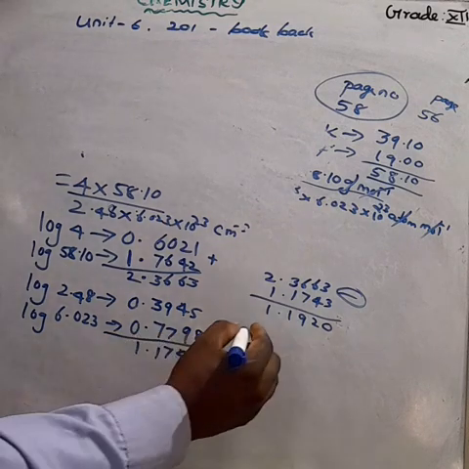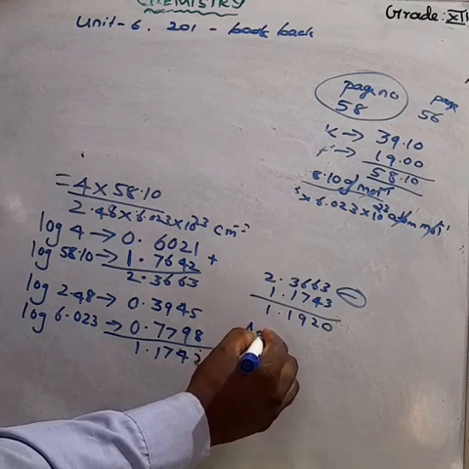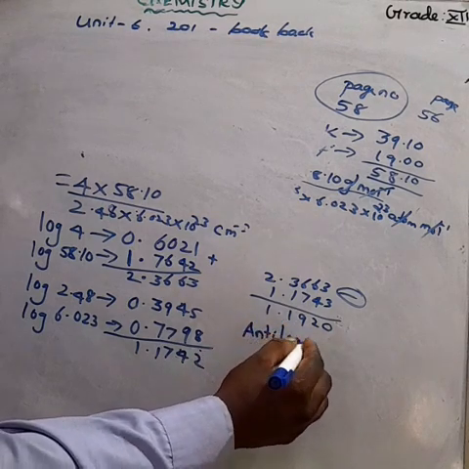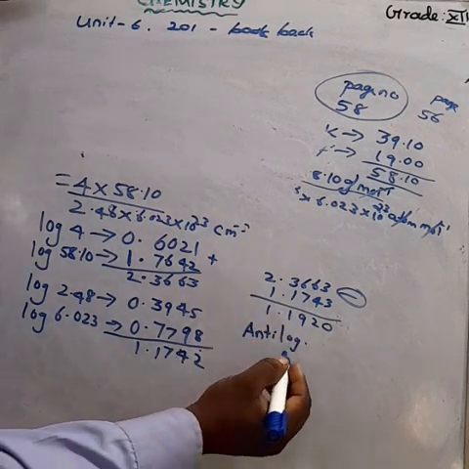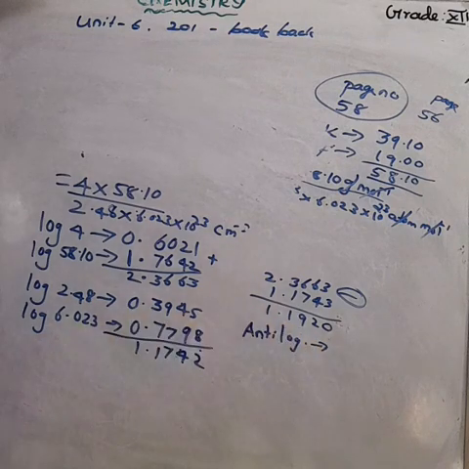You have to take the antilog of 19 plus 2, with no mean difference.